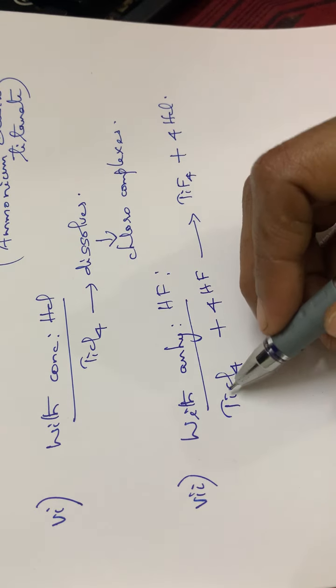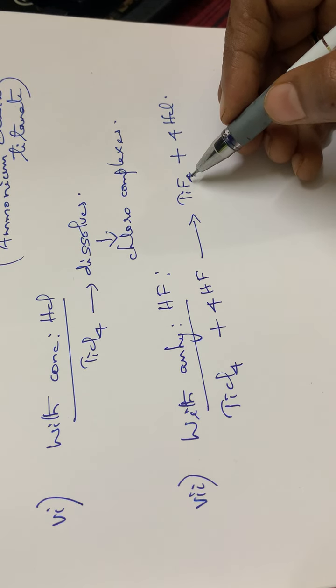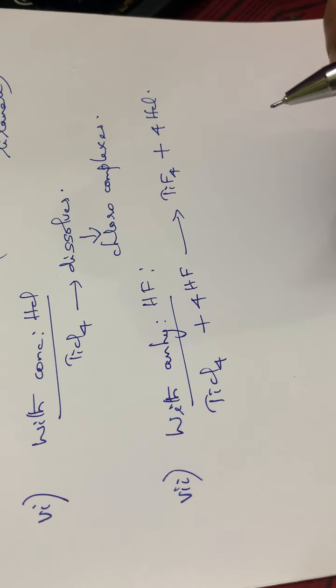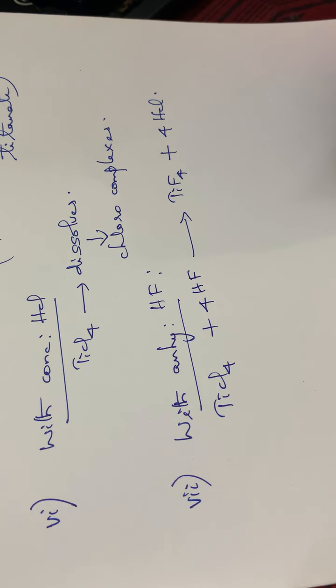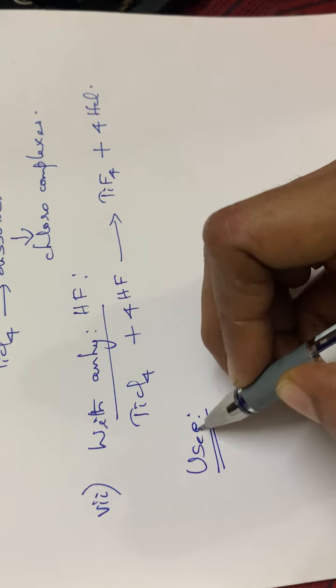Just the replacement of chlorine by fluorine. So these are some of the reactions. You have to go through the hydrolysis reactions, then the reduction reactions, then the one with ammonium chloride, then with anhydrous HF. Then the next is uses of titanium tetrachloride.